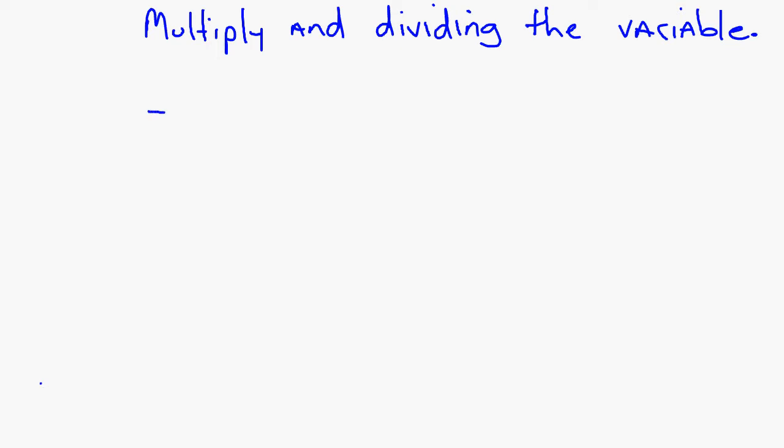If we have negative 1.7 m equals 51, now the variable is being multiplied, isn't it? So we're going to do the opposite of that to leave the variable alone. So we take each side and divide it by negative 1.7.